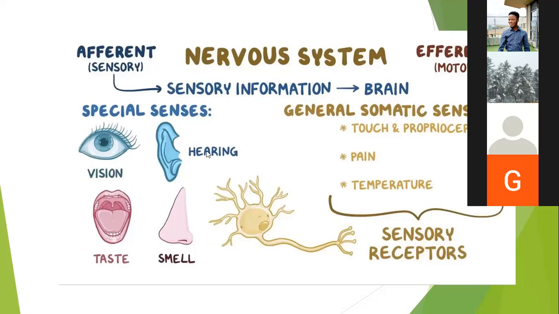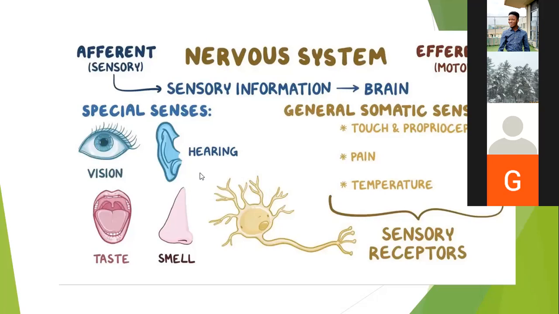And then, in addition to this, we have other sensations that are from all over the body. You cannot specify an individual organ. Now, with the special senses, you can see that the receptors, the neurons which are bringing in information, are clustered in a special organ. And if you remember our classification of organs, there is the organ for vision, which is the eye.